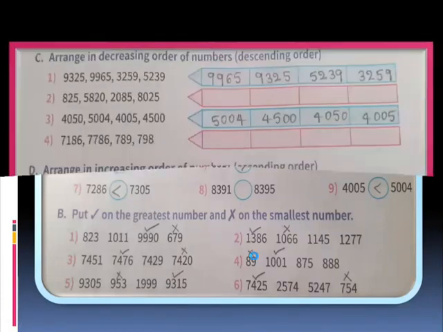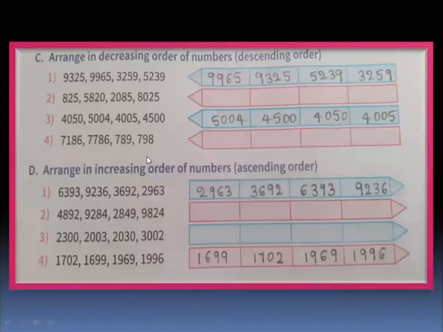Okay, next C main. Arrange in decreasing order of numbers. Decreasing order of numbers means descending order. Okay, you have to arrange these numbers in descending order. See, first one, 9,325, 9,965, 3,259, 5,239. In these numbers, which is the biggest number?